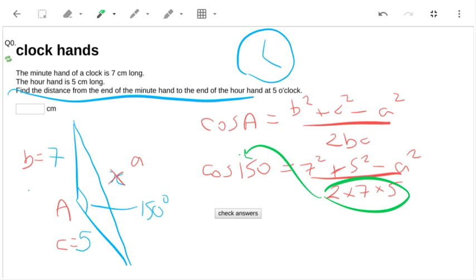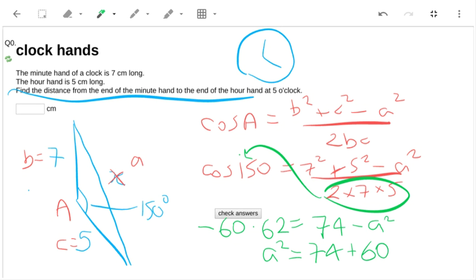Multiplying the whole thing together gives me minus 60.62, and that equals 7 squared plus 5 squared, 7 times 7 plus 5 times 5, that gives me 74 minus a squared. I'm going to move the a squared onto the other side, so it becomes a plus a squared. I'm going to move the minus 60.62 onto the other side, so it becomes a plus 60.62.